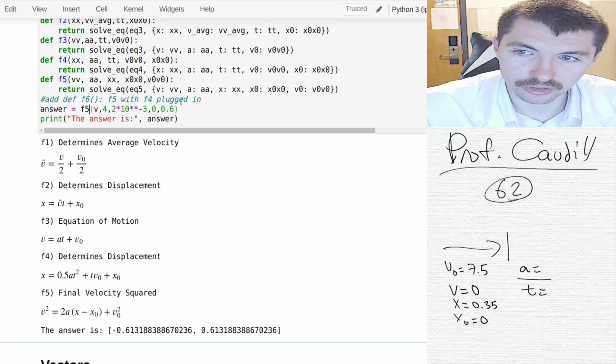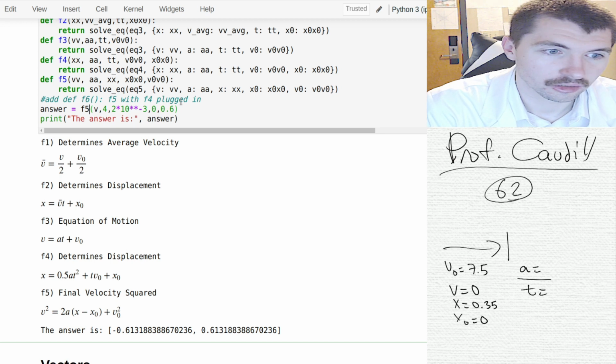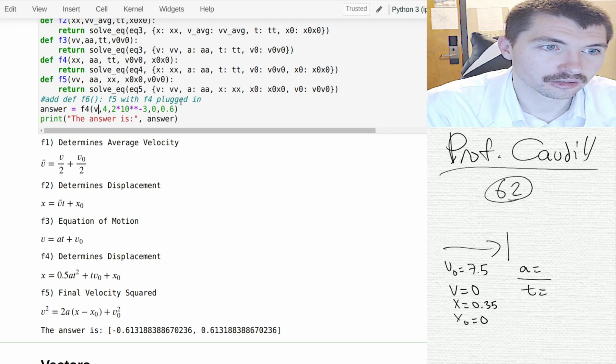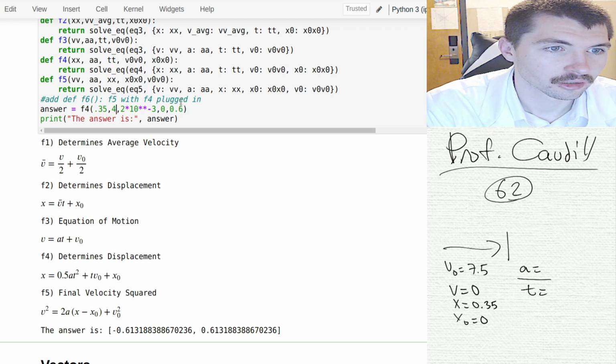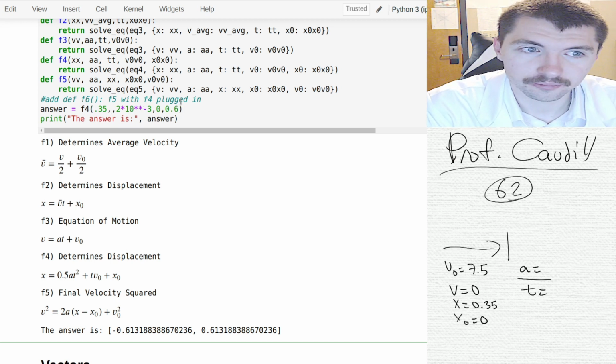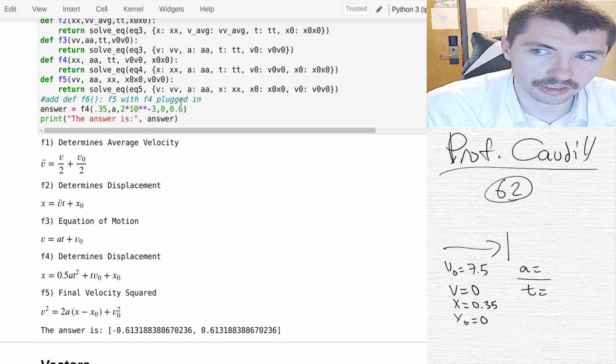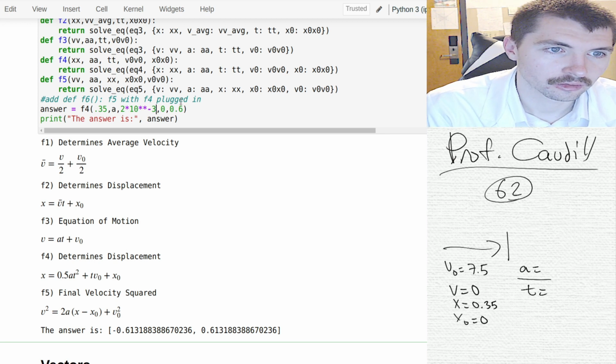So obviously we're going to use equation 4. We know x is 0.35. Sorry, I kind of blanked there.